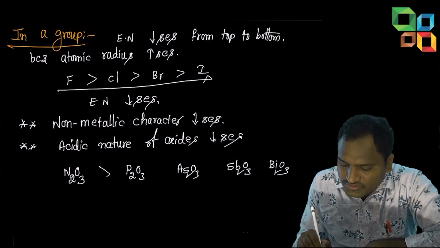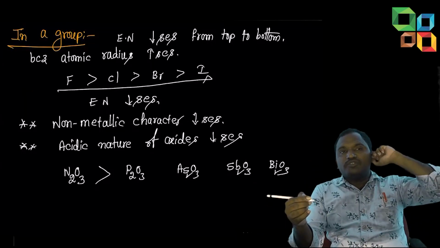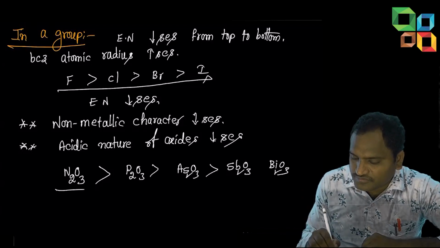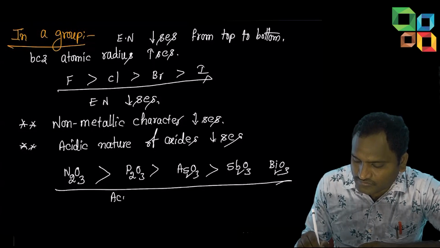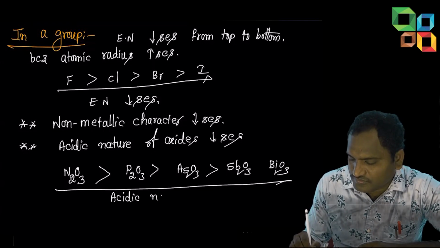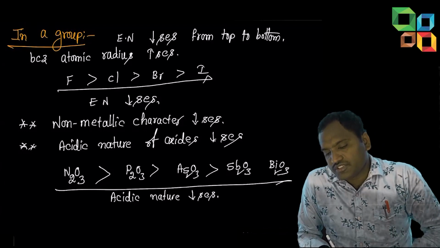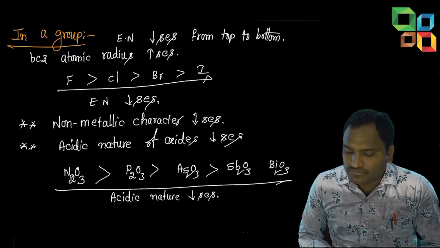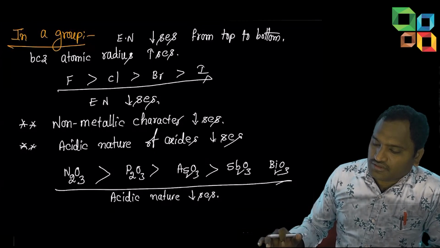Which is more acidic, students? N2O3, because nitrogen is more electronegative. If the central atom is more electronegative, its oxide is more acidic. So it decreases. Acidic nature decreases means basic nature increases. That and all you can write.